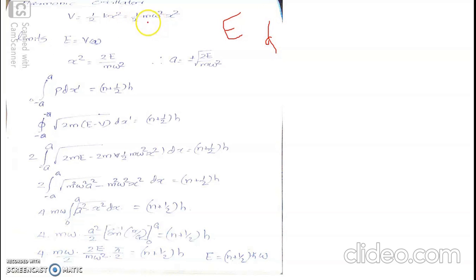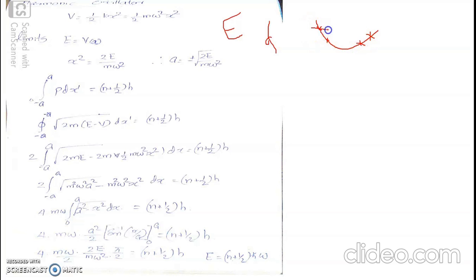As this potential is half kx square, it represents, say, two different points having the same potential symmetrically on both sides of the equilibrium position. There can be a couplet of points having the same potential energy, as this curve is a parabolic curve.